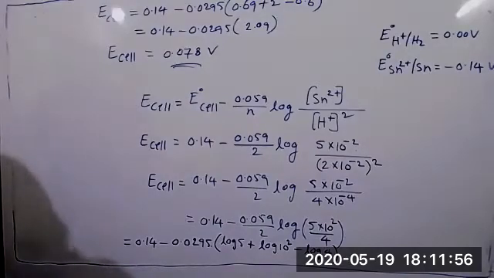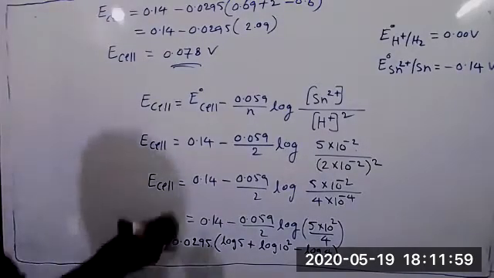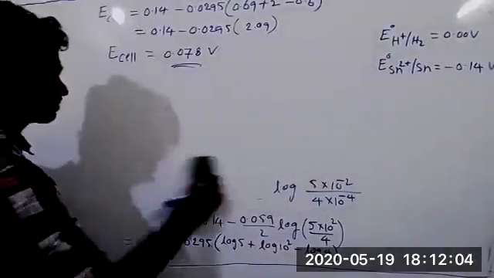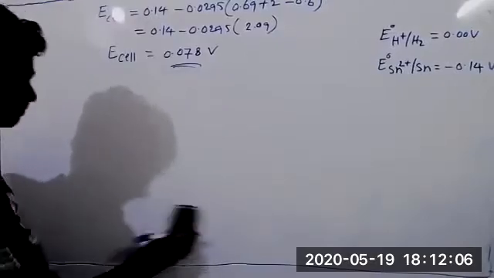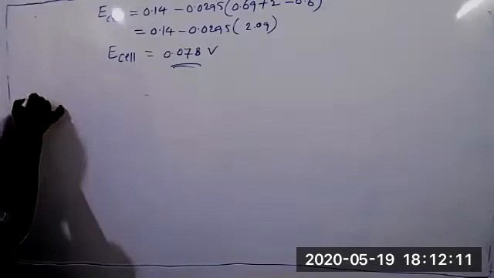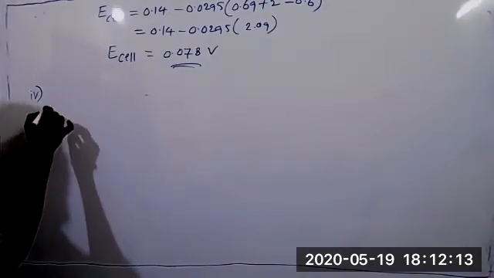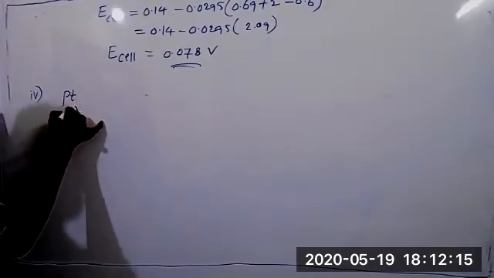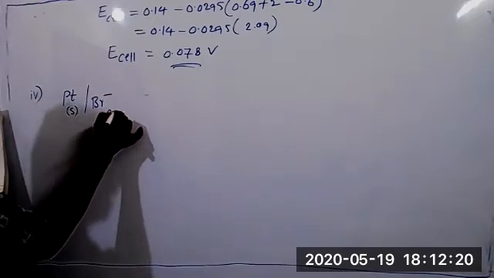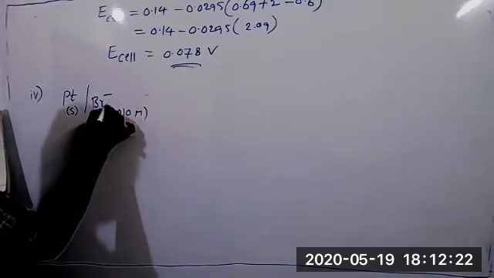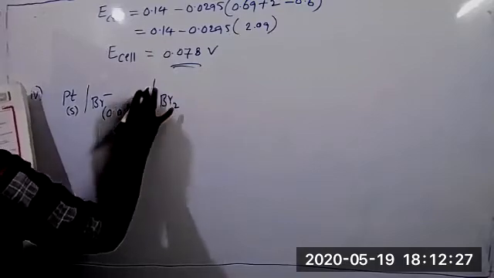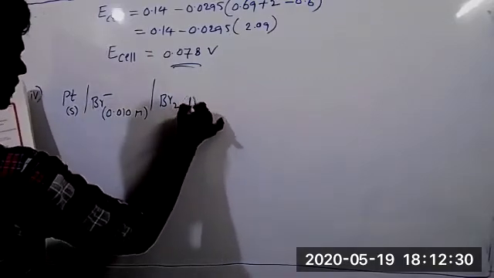Then fourth one. Platinum, Br minus 0.010 m becomes Br2 liquid.